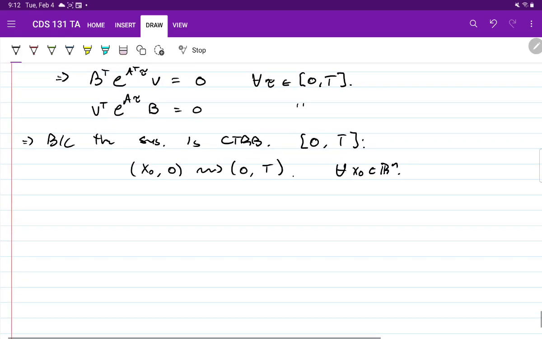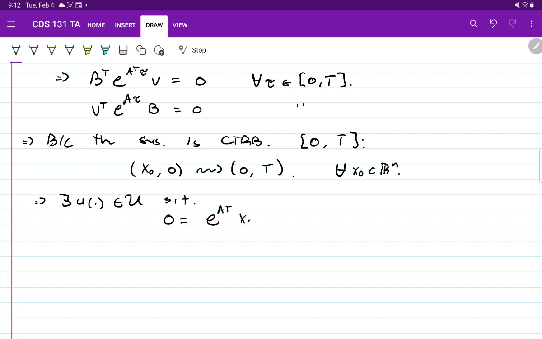So as a result of this, there always exists an input u such that I get 0 equals e to the at times x naught plus the integral from 0 to t of e to the a times t minus tau, b, u of tau, d tau. So this is just the basic definition of reachability.